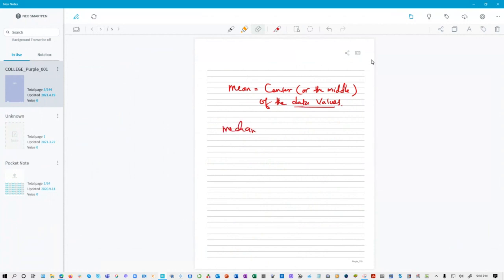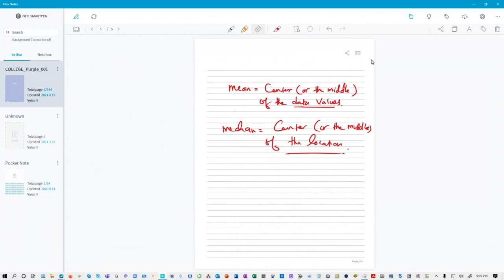Median means the center or the middle of the location of the data values, location.